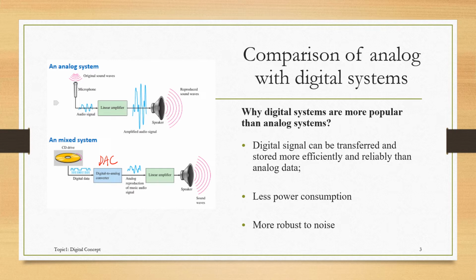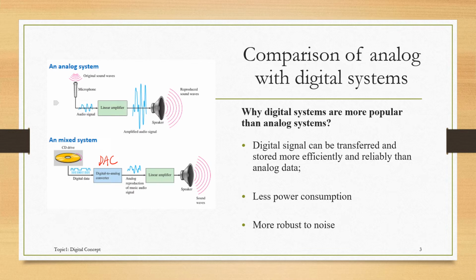The reason is that there are big advantages when handling digital signals over analog signals. The first reason is that digital signals can be transferred and stored much more efficiently and reliably than analog data.